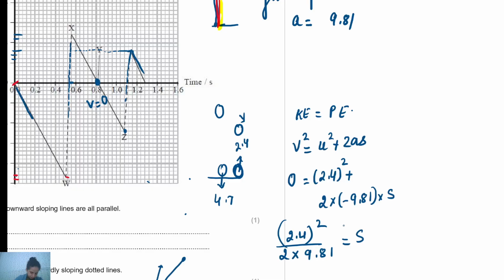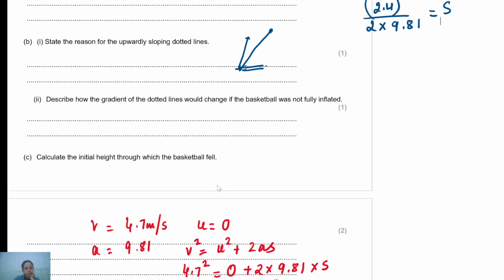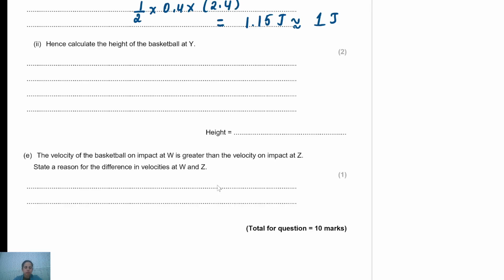The velocity of the basketball on impact at W is greater than the velocity on impact at Z. Let's see, where is W? This is Z and this is, okay, so the velocity on impact at W is greater than the velocity on impact at Z. Why?